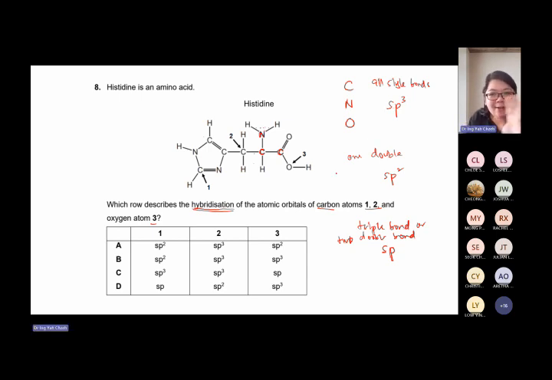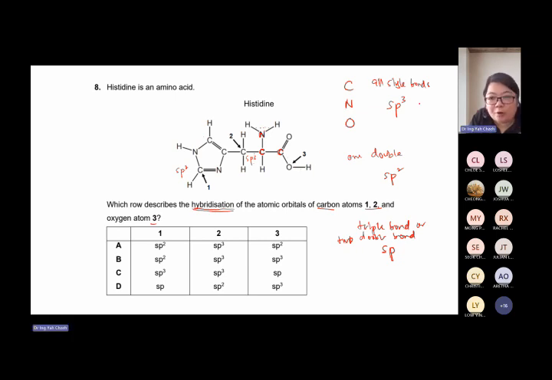So now let's try out all these. I have carbon number 1. I have a double bond. If one double bond, what's the hybridization? sp2. Now, carbon label number 2, all single bonds, so this is sp3. Now, oxygen number 3, again all single bond.